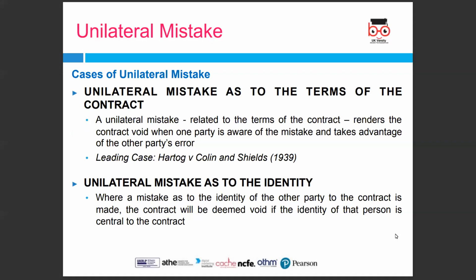In this case, the defendants, Collin and Shields, were hide merchants based in London. The complainant, Hartog, was a furrier from Belgium. The defendants entered into an oral agreement with the complainant to sell him 30,000 Argentinian hare skins, at a price of 10D per skin.